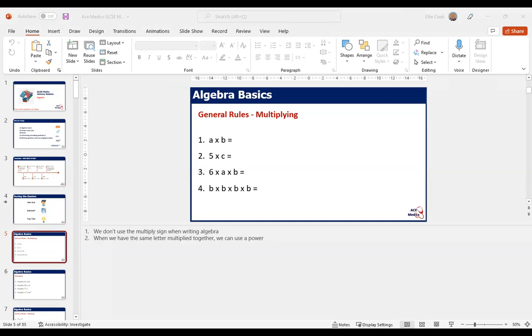Let me try again. This is really not letting me draw anything. Can you guys see the main slide that I'm looking at, the general rules of multiplying? Yeah. Okay. Why is it not letting me draw anything?